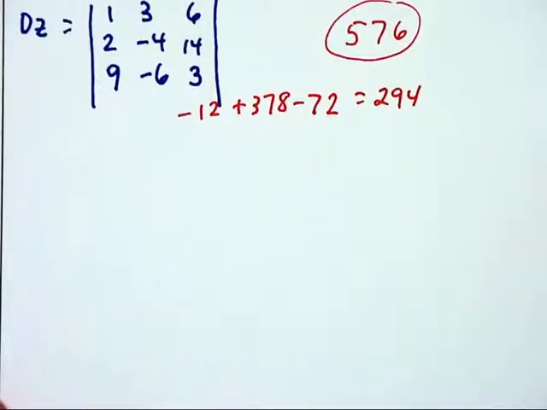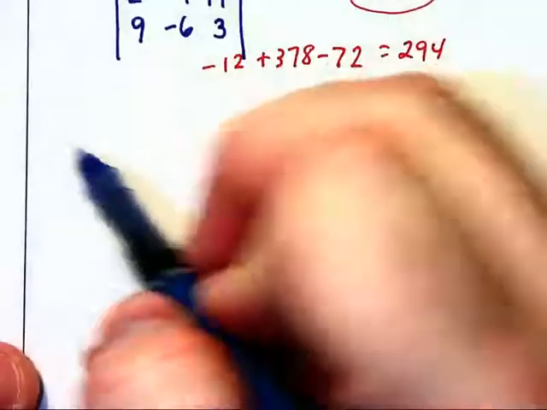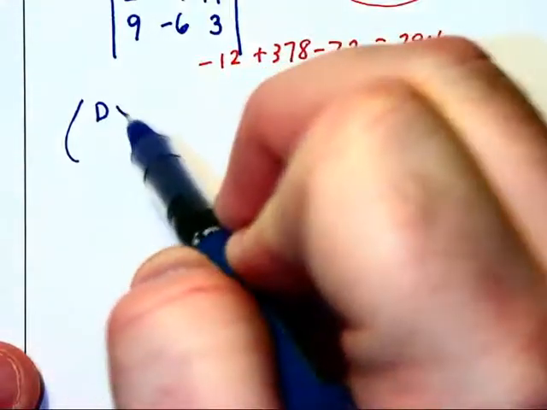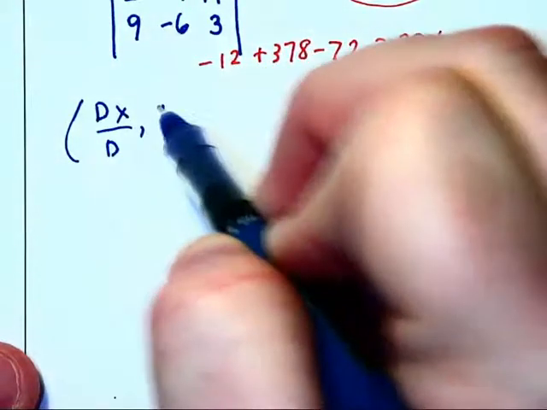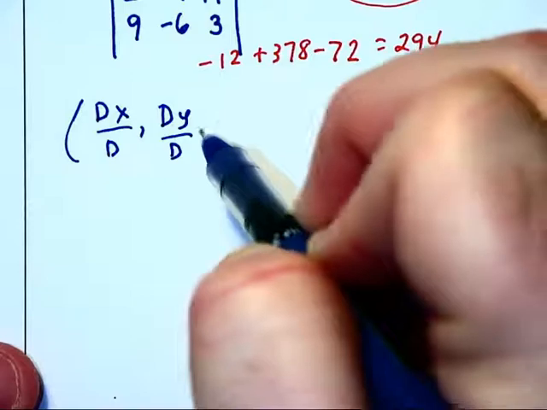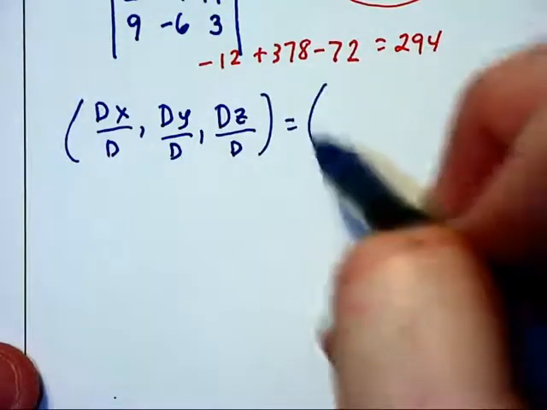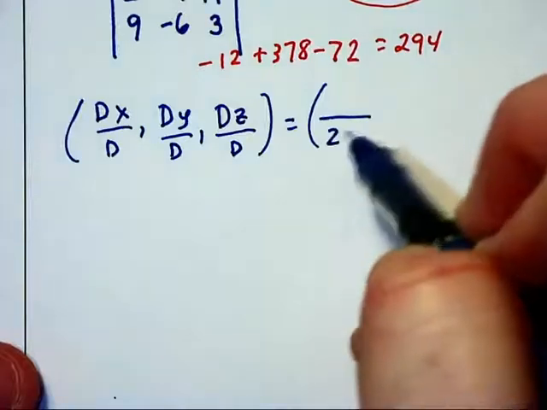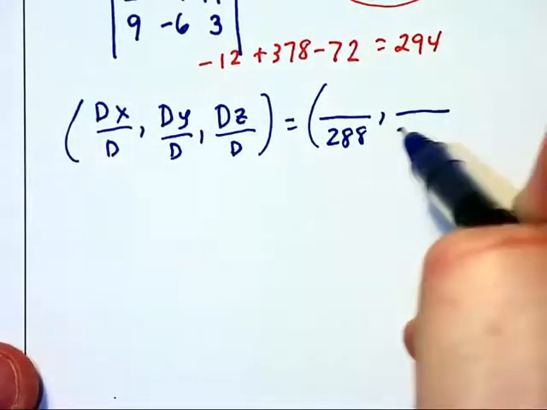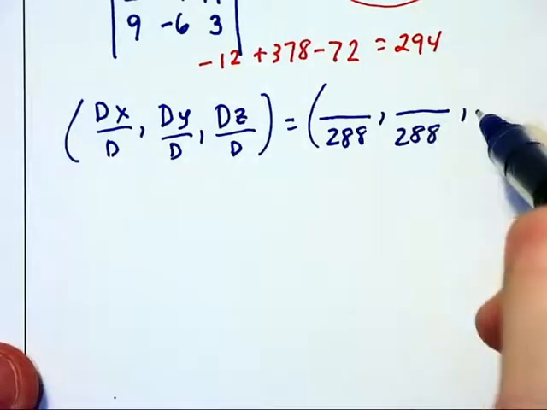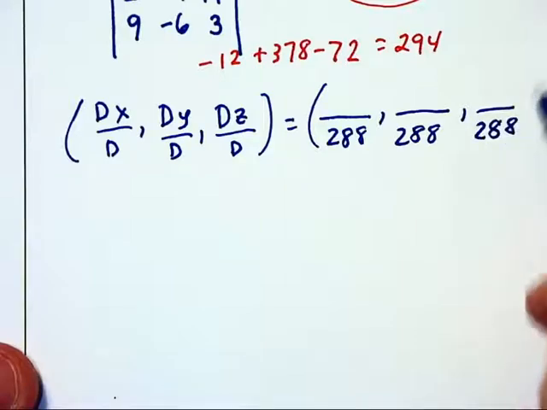And now we are ready to assemble our final solution set. Cramer's rule says we are looking for dx over d, dy over d, dz over d. And that tells us we will have 288 as our value for each denominator, because that was our value of d.